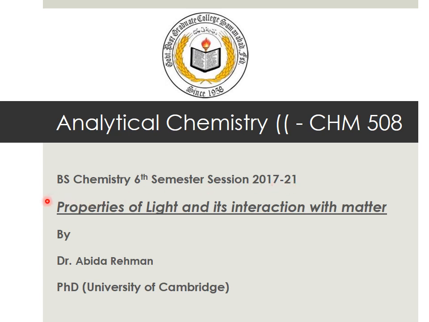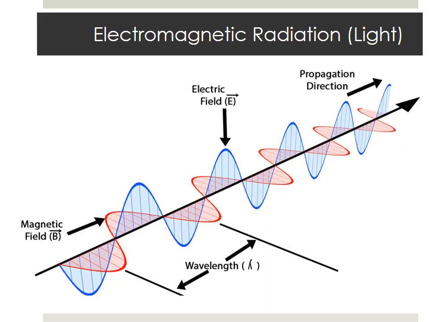So today we are going to discuss properties of light and its interaction with matter. Light consists of electromagnetic radiation, that is, it has an electric part and a magnetic part. Here, the electric part of light radiation is represented by the blue wave, while the magnetic part is represented by the red wave.